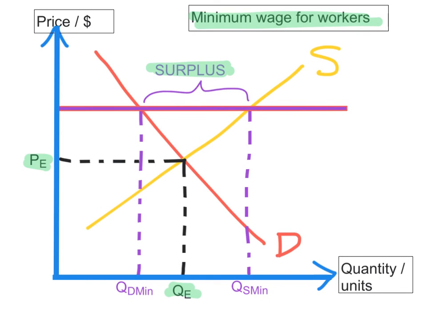So you actually create a situation of unemployment because this is the quantity of workers that businesses are demanding, the businesses are willing to employ, and this is the quantity supplied of labor or the quantity supplied of workers. So you have a situation of surplus labor and not enough jobs. You've created this artificial unemployment by setting that minimum wage.